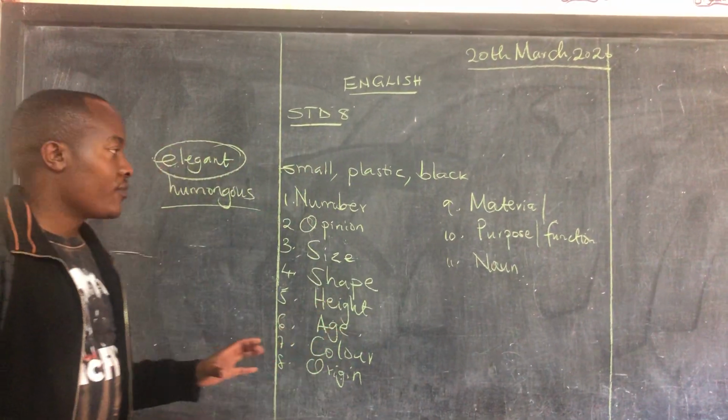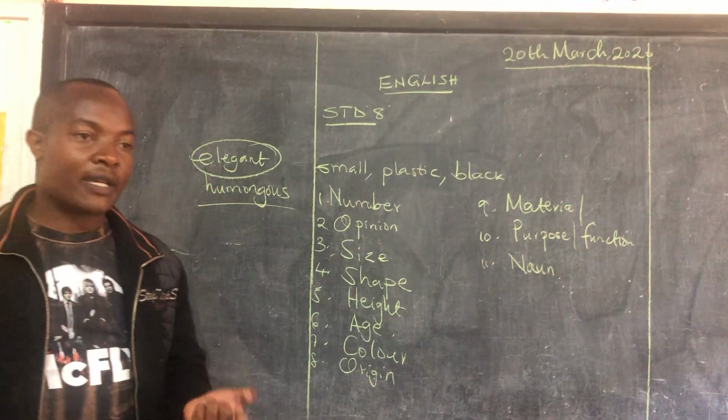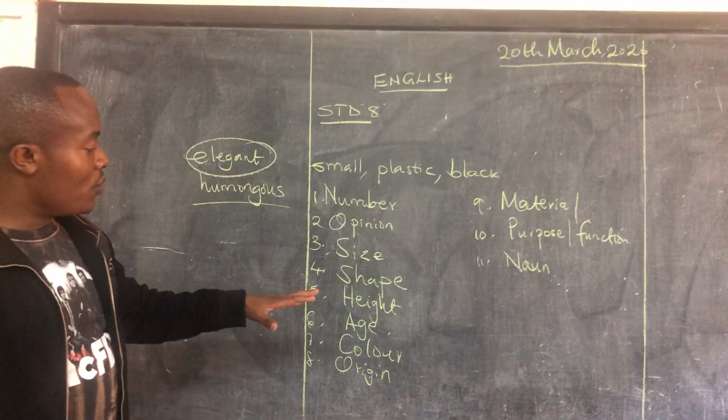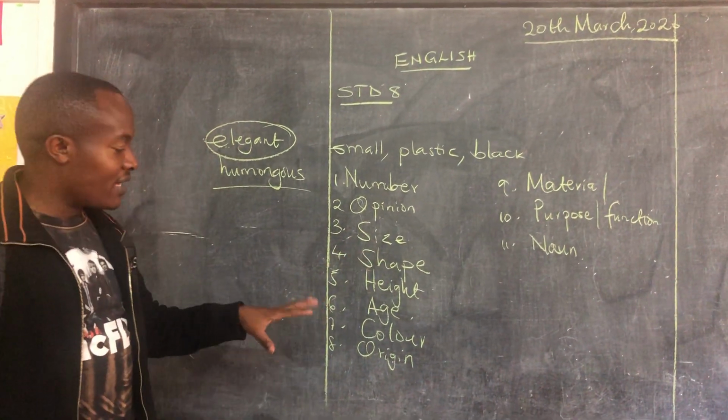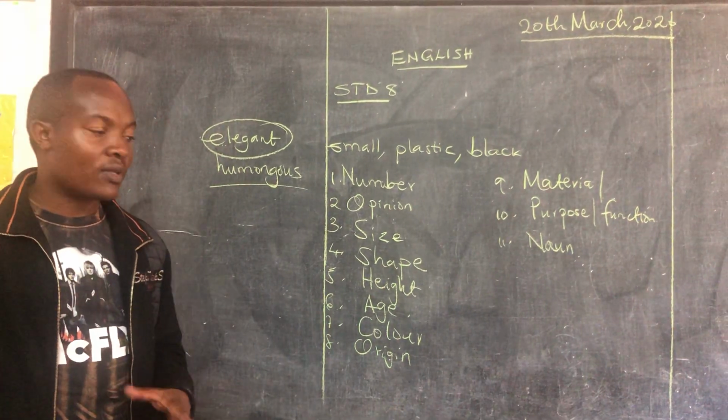Now, these are just but a few of the words that you expect when you're dealing with order of adjectives. Now, from shape, height, age, color, I know there's no problem when it comes to that.